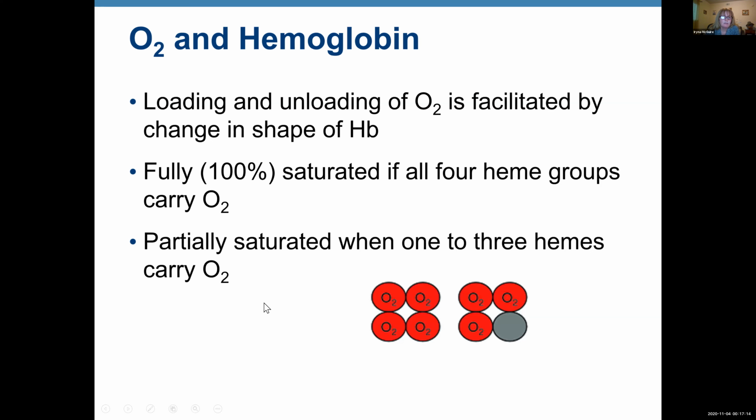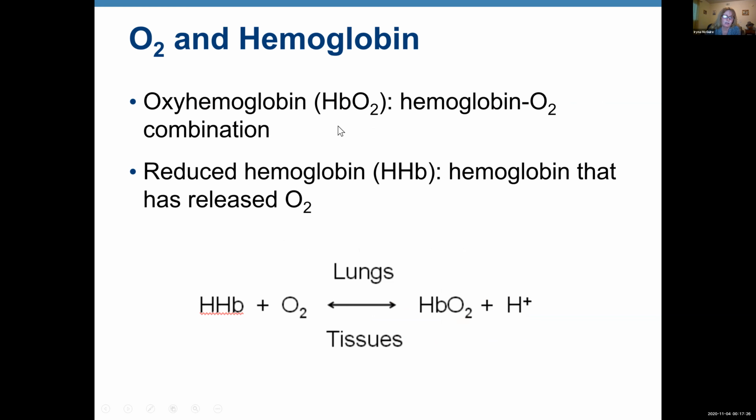Loading and unloading of oxygen is facilitated by changes in the shape of hemoglobin. I just told you when oxygen is attached to hemoglobin, it's oxyhemoglobin, and when hemoglobin loses oxygen, it's reduced hemoglobin. Now, why does that happen?